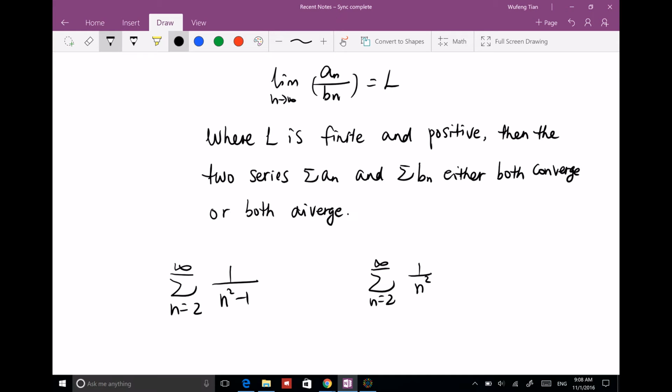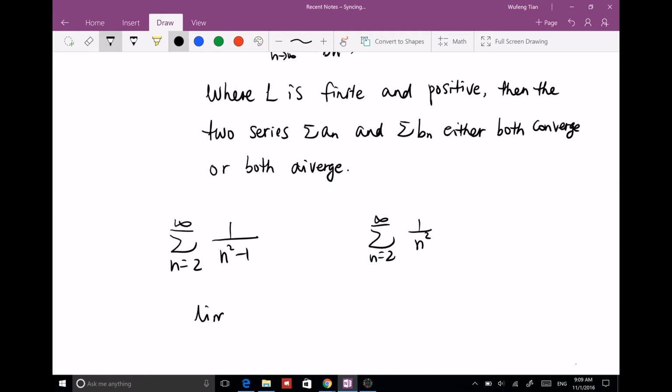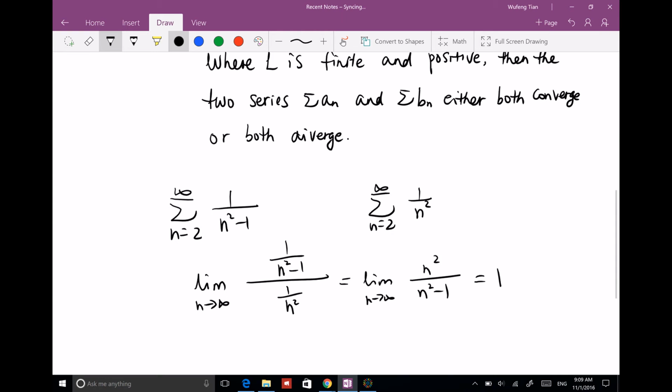The reason I can do that is because the limit as n goes to infinity of 1 over n squared minus 1, divided by 1 over n squared, equals the limit of n squared over n squared minus 1, flipping it. And this equals 1. It's positive, it's a finite number, a constant number.